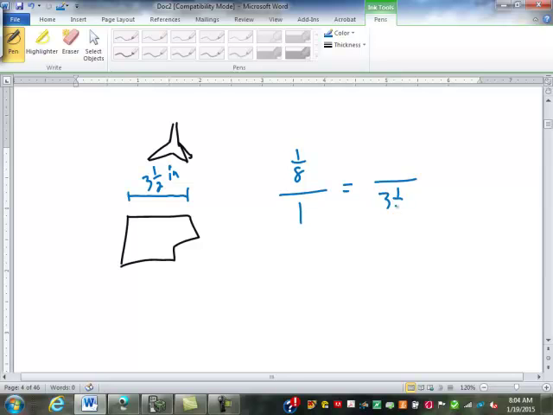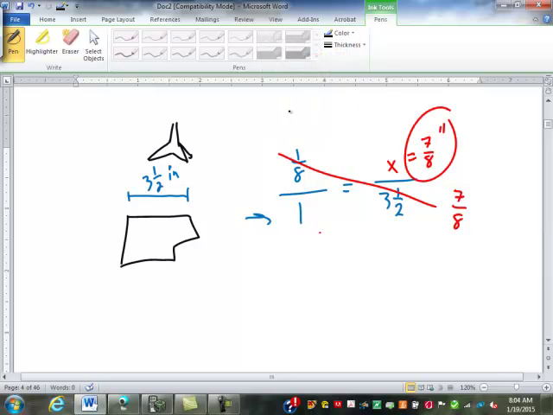Bottom. Because this is the actual, is represented by the 1, and the 3.5 comes off the actual. So now to find this missing dimension, I'll put my x in there. 1/8 times 3.5 is 7/8. Divided by 1 is just 7/8 of an inch. What do y'all think?